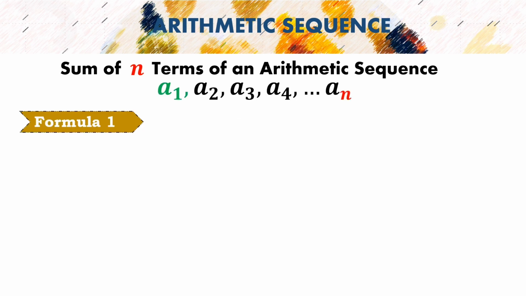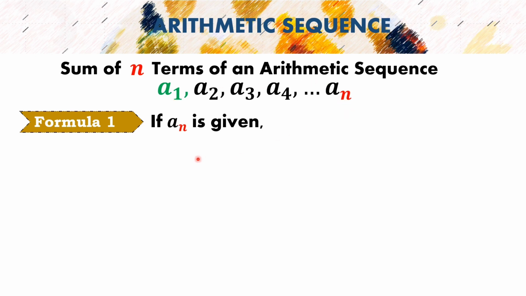For the sum of n terms of an arithmetic sequence, a sub 1, a sub 2, a sub 3, a sub 4 until a sub n, formula 1, if a sub n is given. Of course, if you're going to look for the sum, you need to know where it starts and where it ends. So you should know the first until the last term to be added.